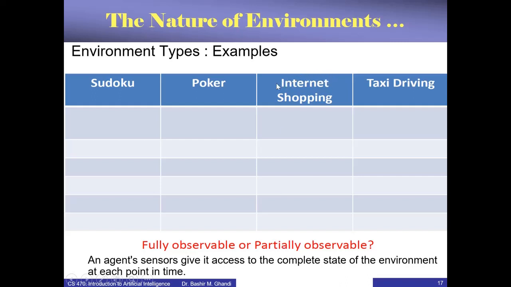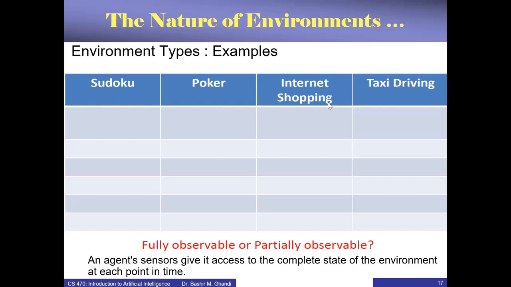Okay, next is the internet shopping. So we assume an agent is trying to shop for a set of items using the internet. Is it a fully observable environment or not? Obviously, it is not fully observable. At any one point, you can only see the items that the system is able to display for you on the screen.